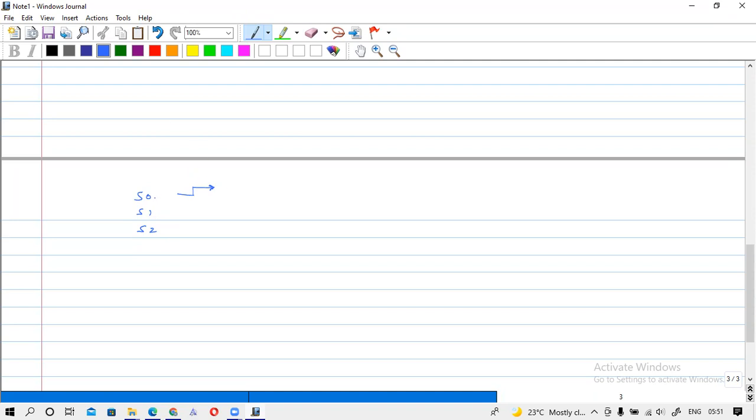So here S0, S0, S0, S1, and also S0, S2, and on the other side we get S1, S0, S1, S1, S1, S2, and so on. I hope we will get 9 combinations.